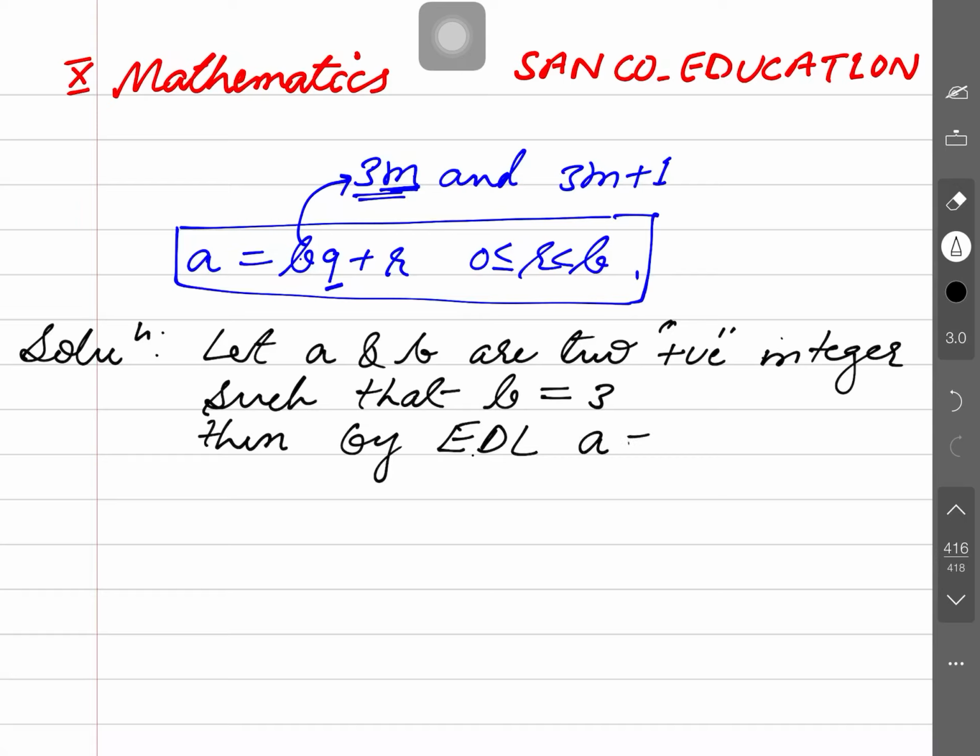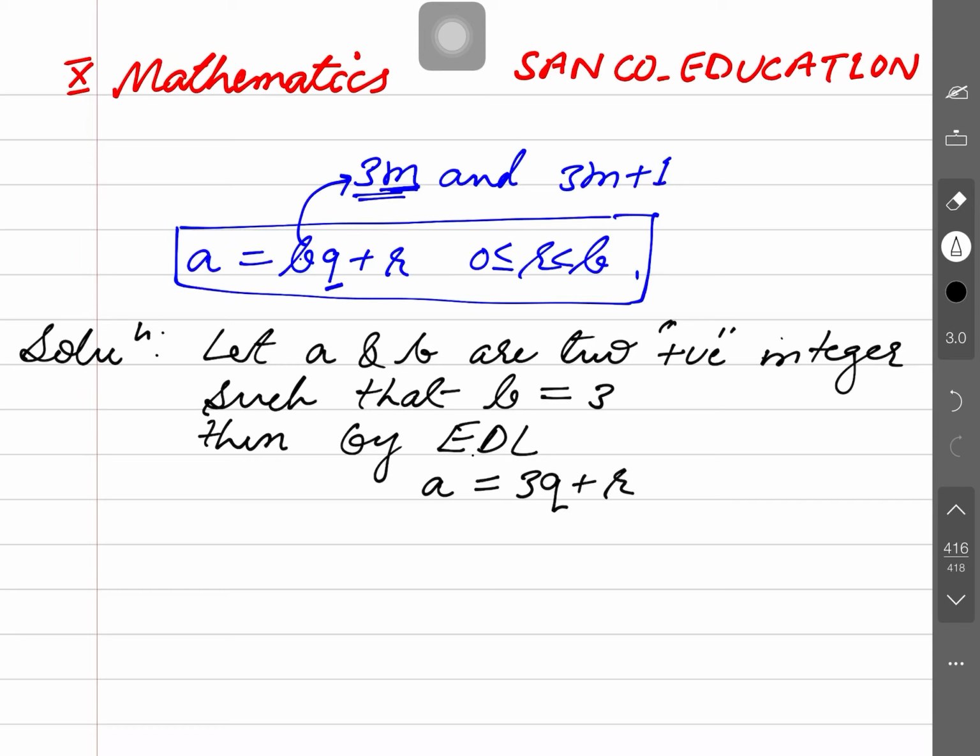What is the lemma here? a is equal to bq plus r. Don't write bq plus r again and again; write the solution here. In place of b you write 3, so a is equal to 3q plus r.